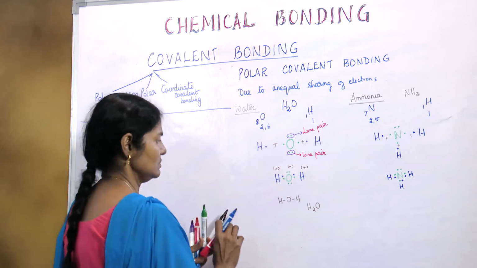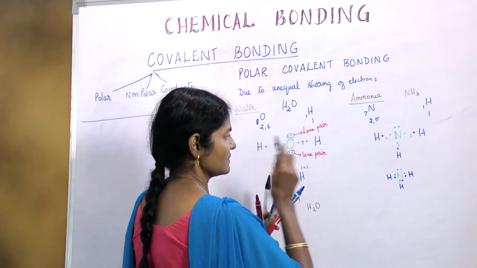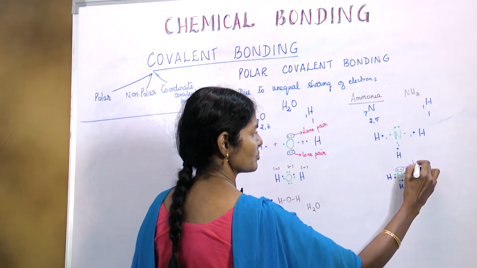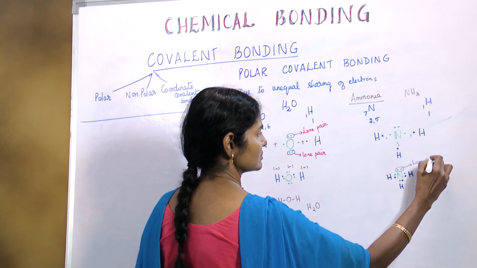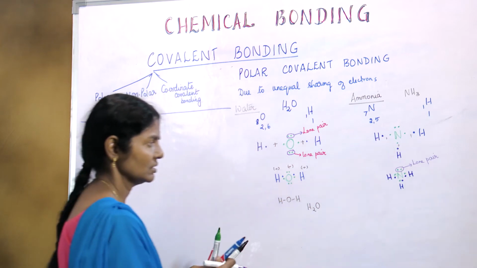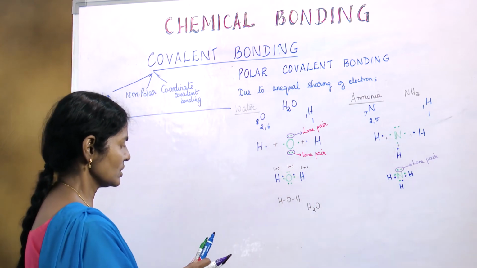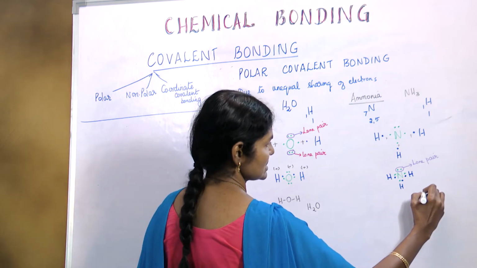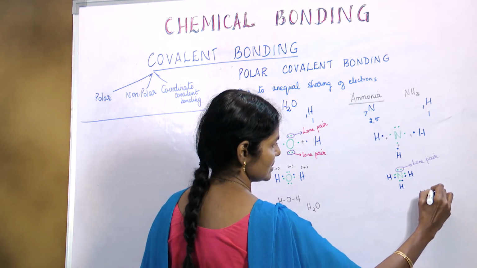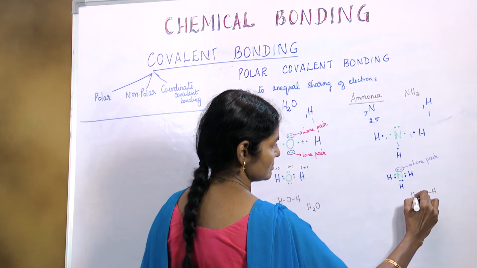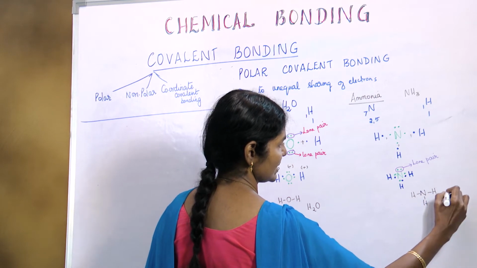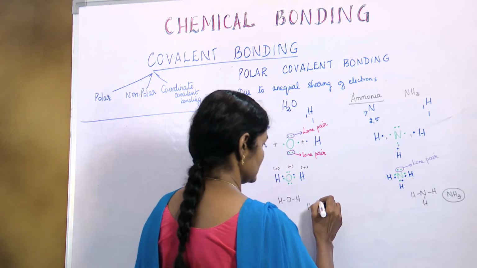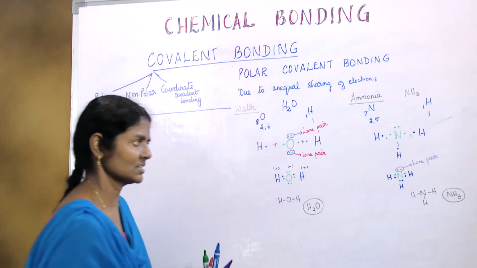Again here also we have this pair of electrons. This is called the lone pair. It is only forming single bonds everywhere. So this is represented as hydrogen, and this we write as NH3. Here it is water and this is NH3.